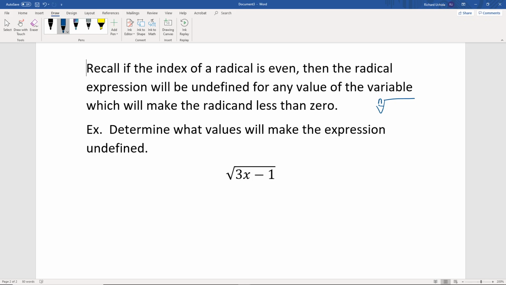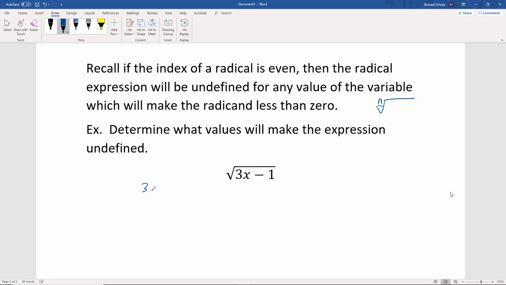So for this example, you're to determine what values will make the expression undefined. Well, again, our index is 2, because when we don't write the index, it's the square root. So it'll be undefined if the radicand, what's underneath the radical, is less than 0.